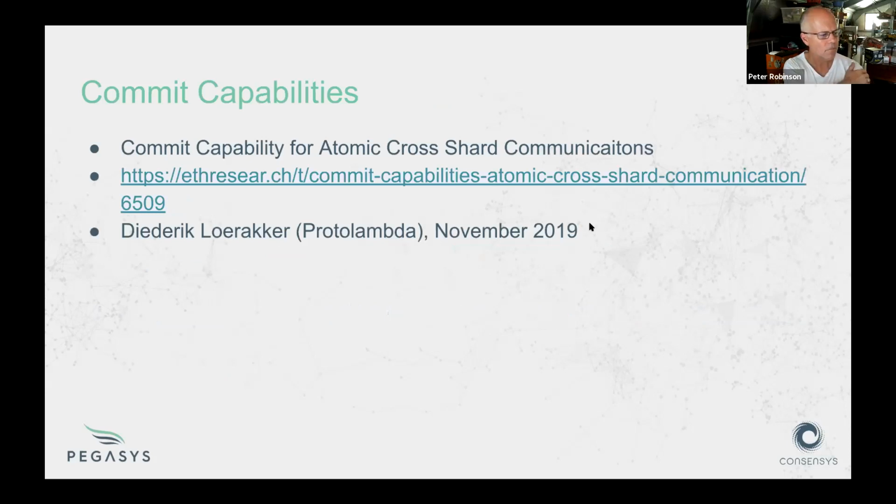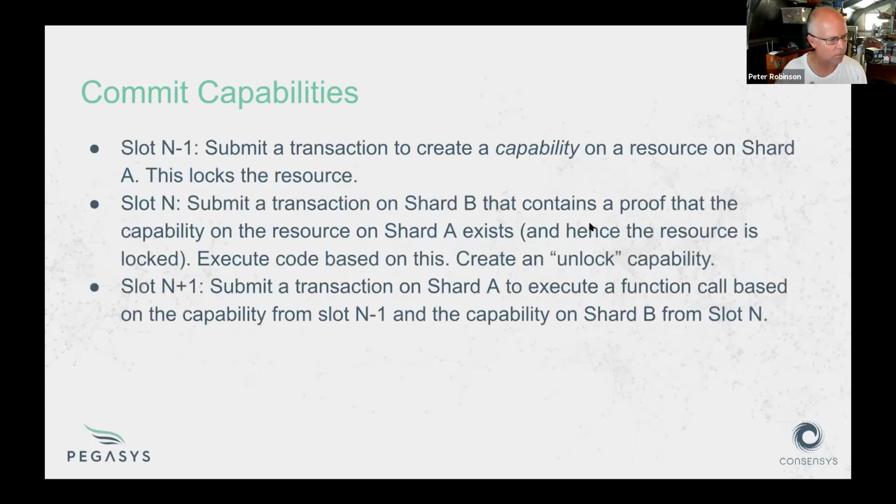So in November 2019, Proto Lambda, who we've worked out, name is Didieric Loraka, has come up with a mechanism where you have these commit capabilities. So each resource can have multiple capabilities.